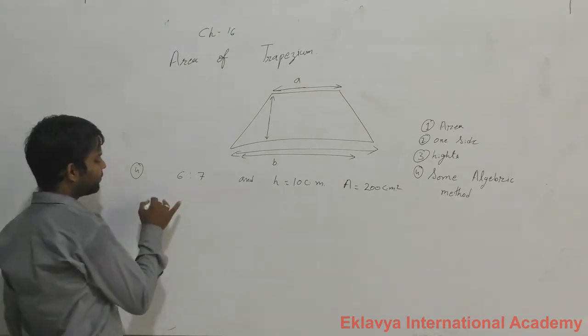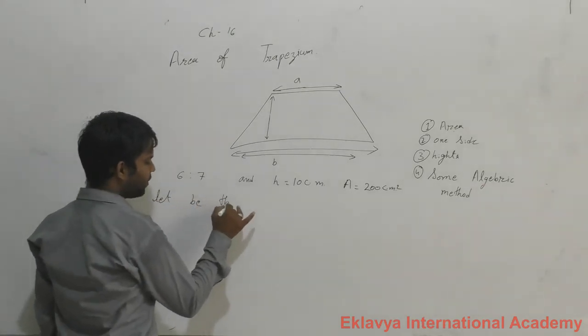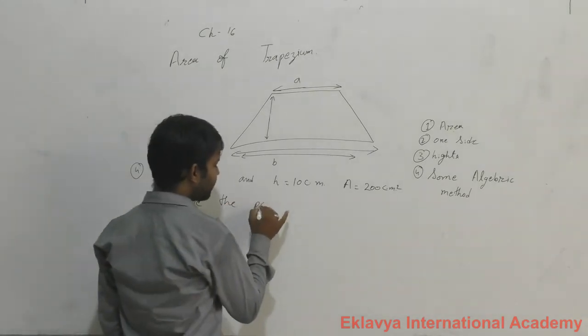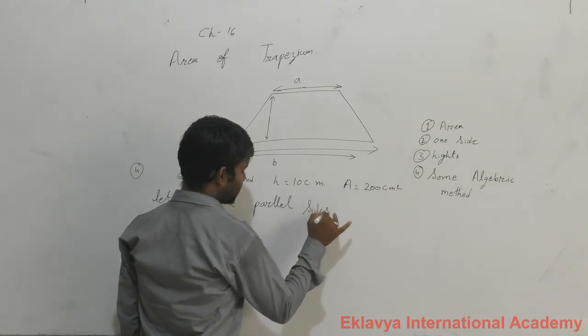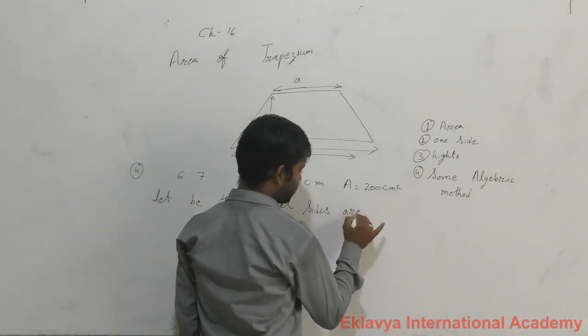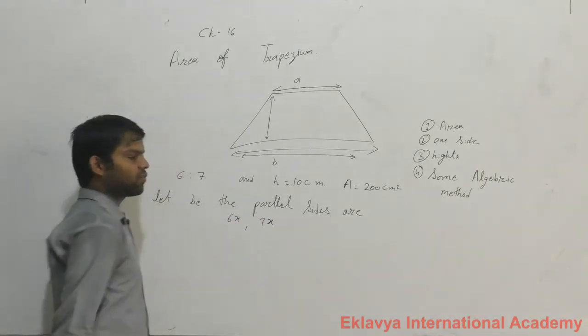Then let the parallel sides be 6x and 7x. What we assume?